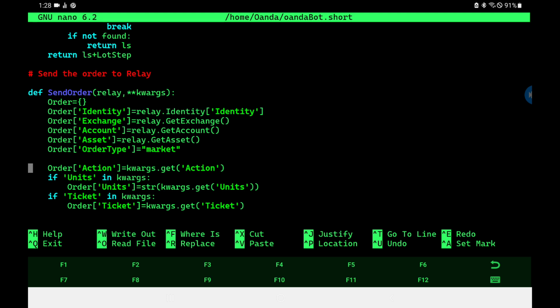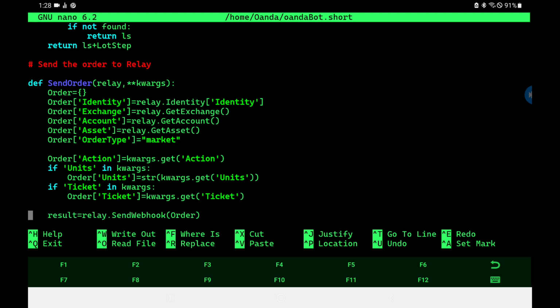And now we get the action, buy or sell. At this point, we look for units and we look for a ticket number. Now, these are some unique options because if we're closing a ticket, we're not going to pass in the units. But if we're passing in the units, we're not going to be closing a ticket. So this helps us actually figure out what we're doing without going through a lot of convoluted steps.